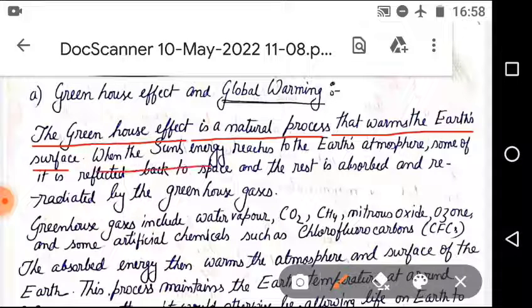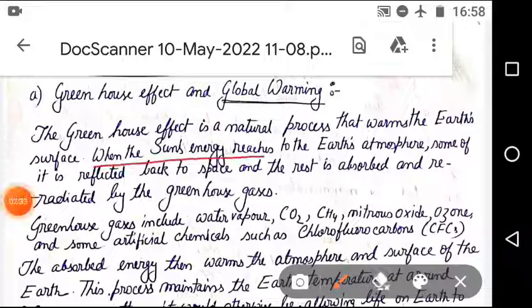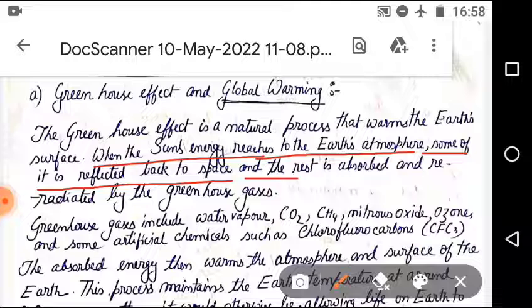When the sun's energy reaches the earth's atmosphere, some of the energy is reflected back to the space, and the rest of the energy is absorbed by the earth atmosphere, also by the soil, and re-radiated by the greenhouse gases. So the earth is warming with the help of some gases known as greenhouse gases.